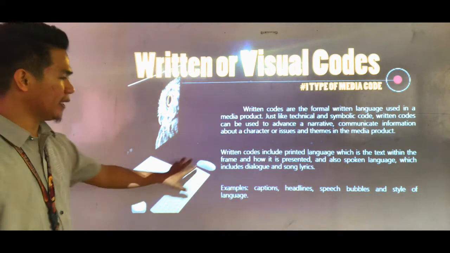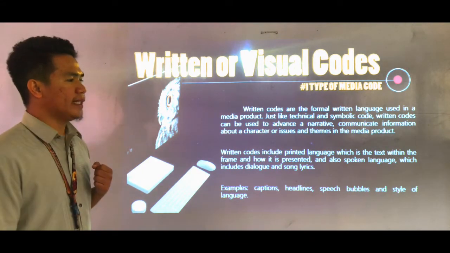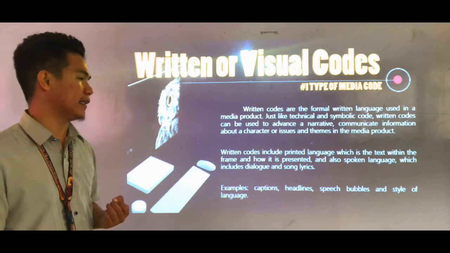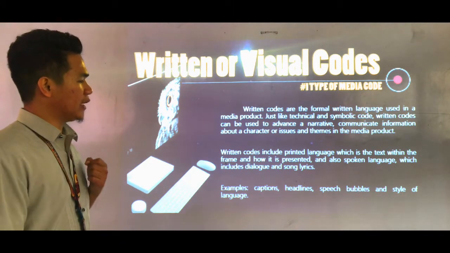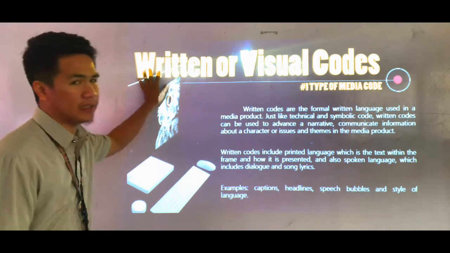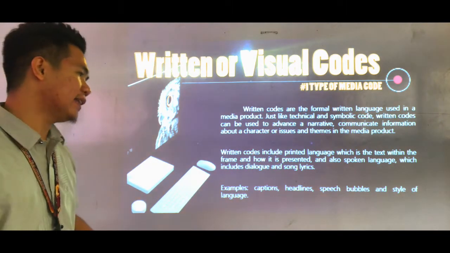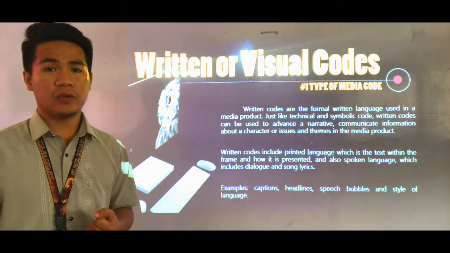So, written codes include printed language, which is the text within the frame and how it is presented. And also, spoken language, which includes dialogue and song lyrics from the word written. Examples of this are the captions, the headlines, the speech bubbles, and style of language.